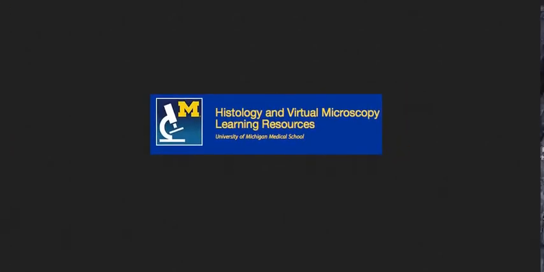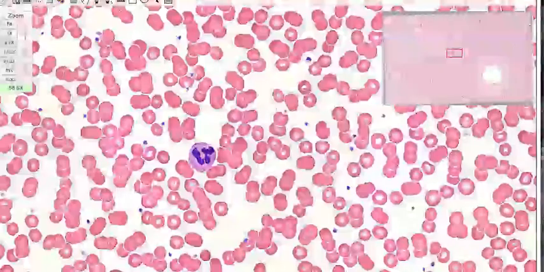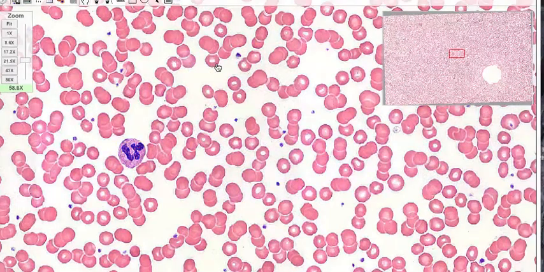They have a whole library full of histological stains that you can look at in complementing your studies, and they're called Histology and Virtual Microscopy, and they're a resource at the University of Michigan Medical School. They're very good to look at and complement your studies, so I highly recommend going to check these guys out. And full reference, all the slides that you've looked at today are from their website.